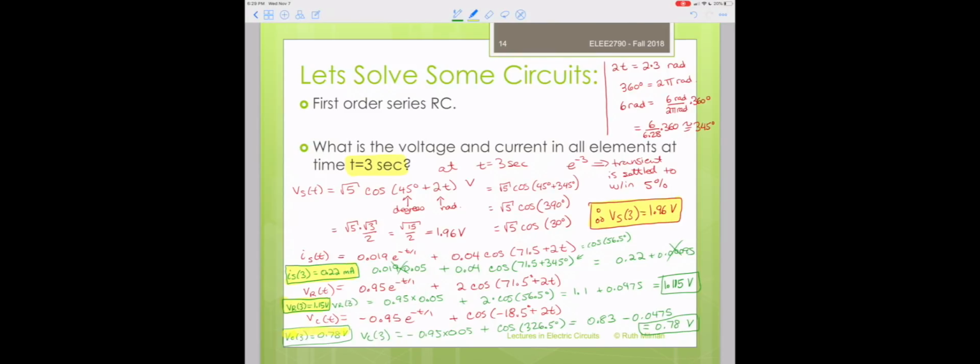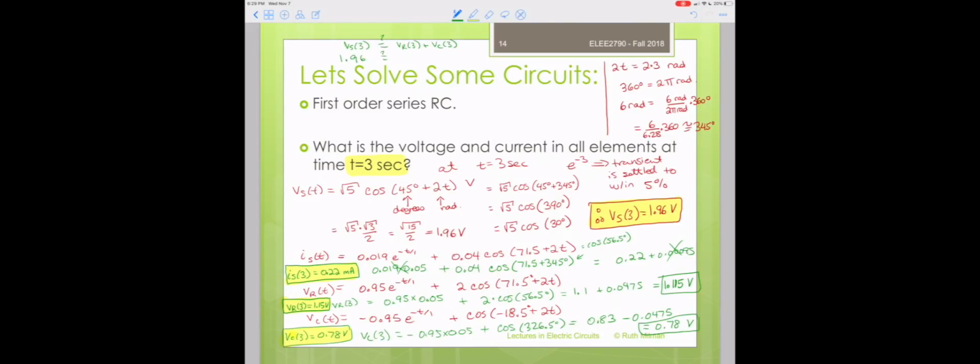In order to make sure that we have what we're expecting, we're going to turn around and do a Kirchhoff's voltage law at 3 seconds, because we know that Kirchhoff's voltage law has to hold at all times. So, the voltage in the source at 3, is that going to equal what we got for the voltage in the resistor at 3 plus the voltage in the capacitor at 3? Well, on the left we have 1.96.